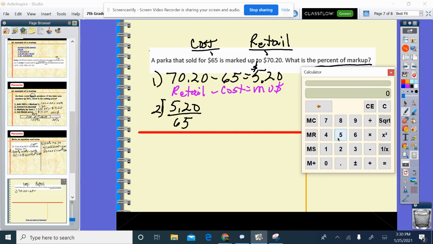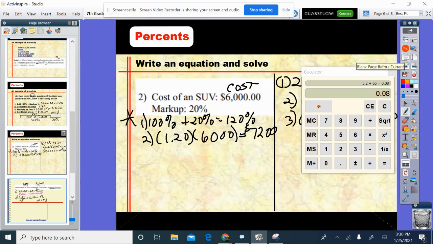So you take $5.20 divided by $65, and you get 8 hundredths, which you can convert to a percent by moving the decimal point 2 places to the right. So this is the markup percent of this problem. Markup percent is 8%.